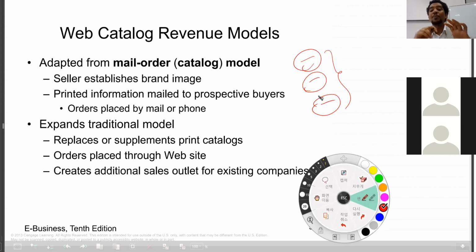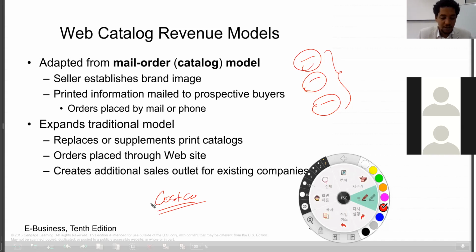So the same process is copied and changed to a web catalog. In a web catalog, companies have websites. For example, IKEA is a Swedish furniture company, right? Or, still now, those of you who know Costco, Costco sends catalogs to our homes.